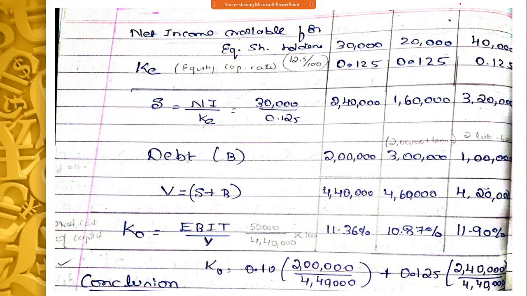Now, how are we going to find out the value of the equity? We have the equity capitalization rate, which stands at 12.5%. When you divide the net income available for equity by the equity capitalization rate, we will get the market value of the equity shares for each of the scenarios.